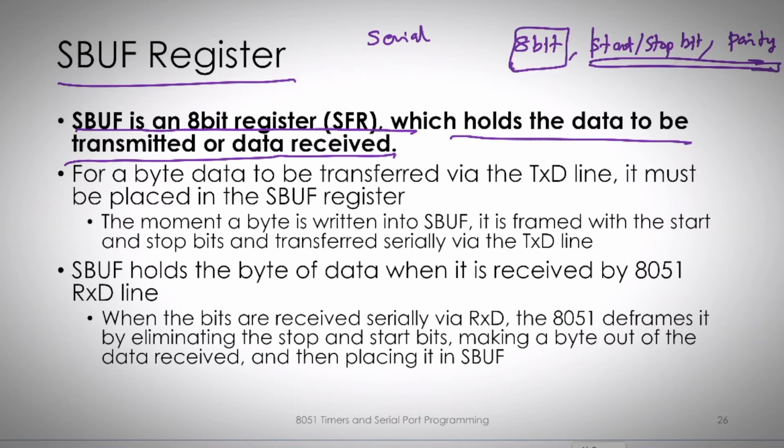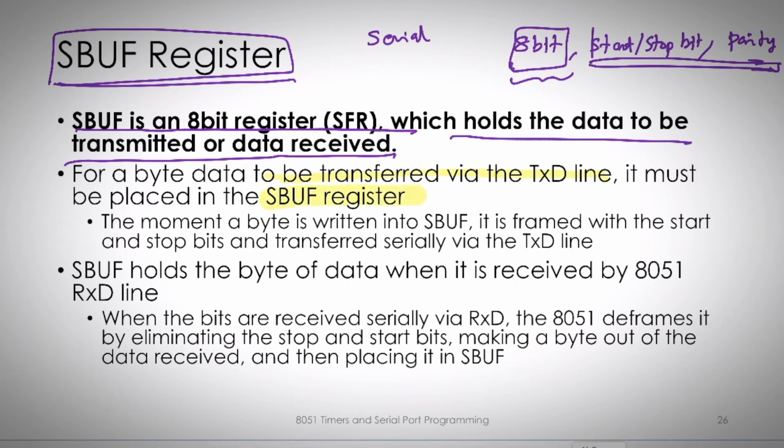So the data part of this serial data will be stored in the SBUF register. If you wanted to transmit data through the TXD line, then that data has to be placed in the SBUF register.